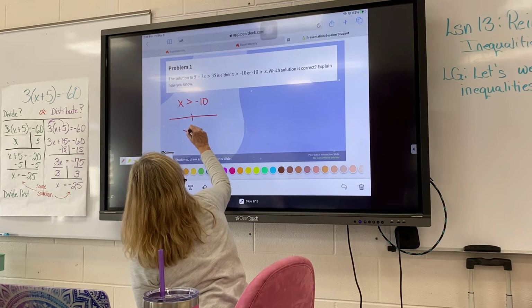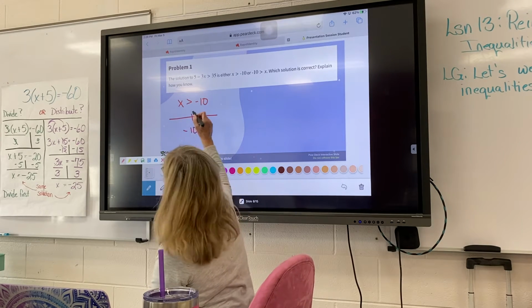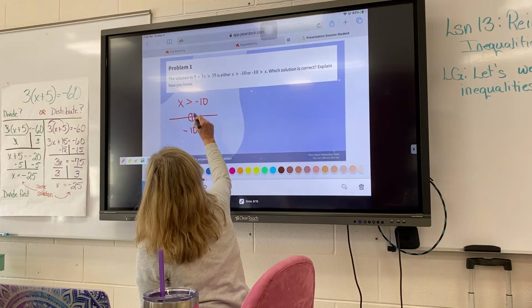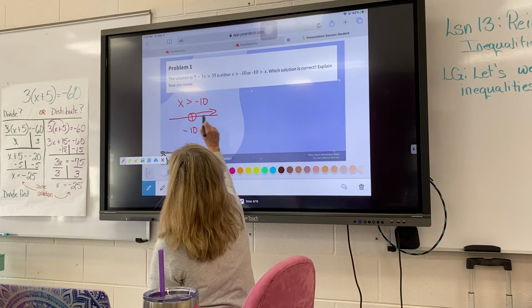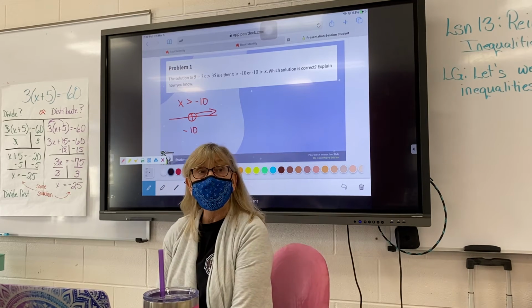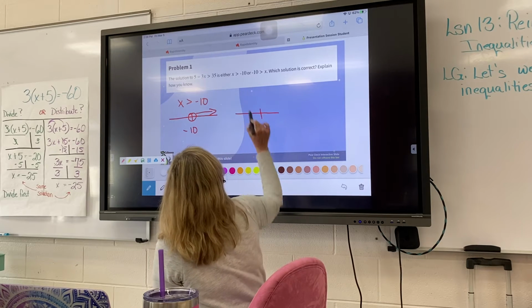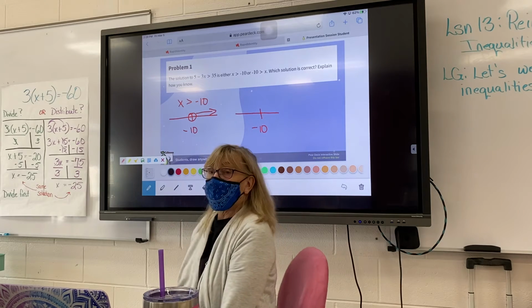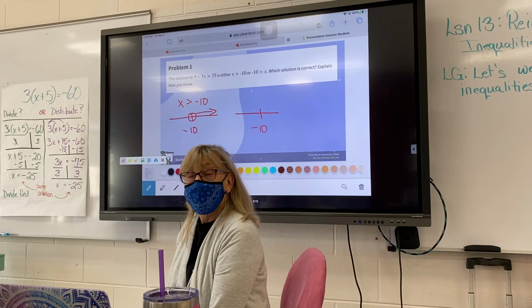So my boundary number is negative 10, open circle or closed circle? Open, because it doesn't have an "or equal to," okay? And then which numbers are greater than negative 10? Those numbers, right? This one says boundary number is negative 10. It has a greater than sign. Am I gonna go to the right? Yeah.